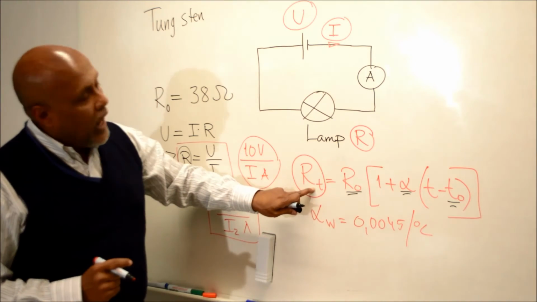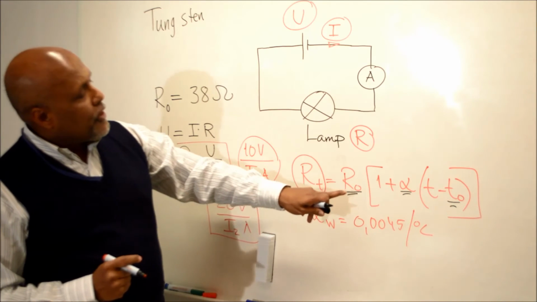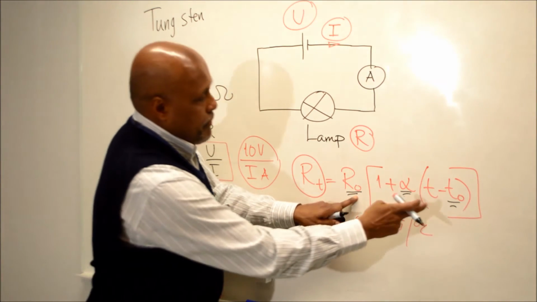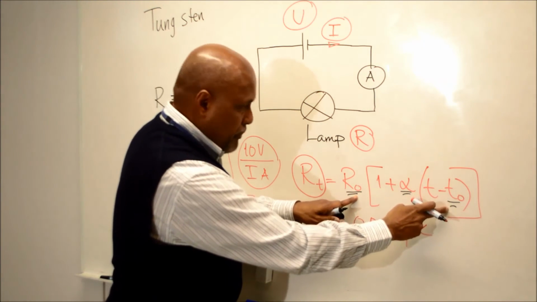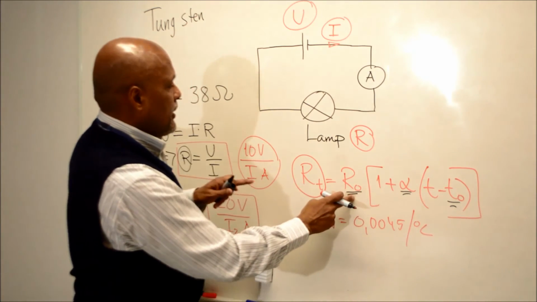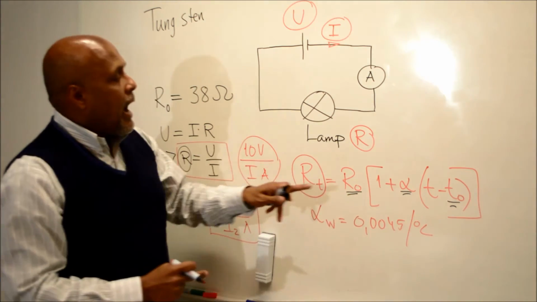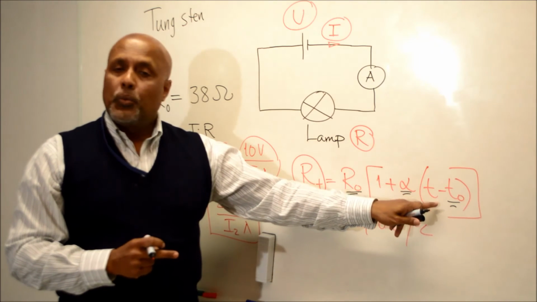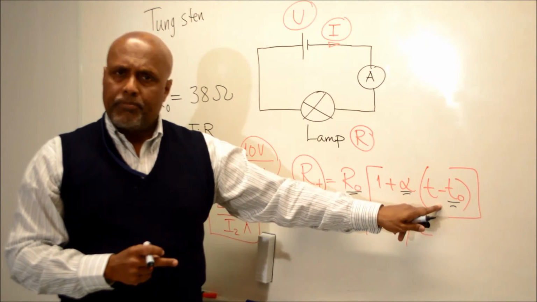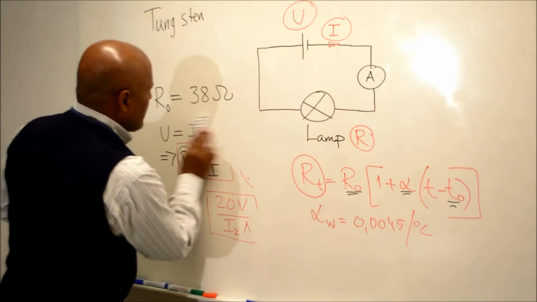Now if we know RT, we know R0 at temperature T0, which is our room temperature. At room temperature, this was 38 ohm. Alpha is known, then we can calculate the temperature. How do we do that?